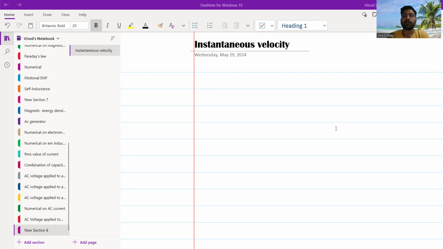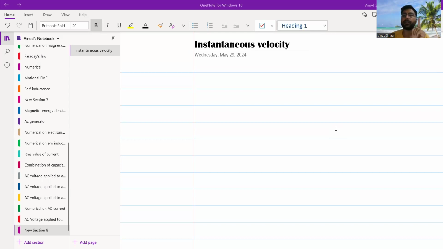For example, for determining the average velocity, we require a time interval, like the average velocity from 2 seconds to 4 seconds, or let's say from 5 seconds to 10 seconds. These kinds of time intervals are taken to determine the average velocity. But in the case of instantaneous velocity, we don't require any time interval.